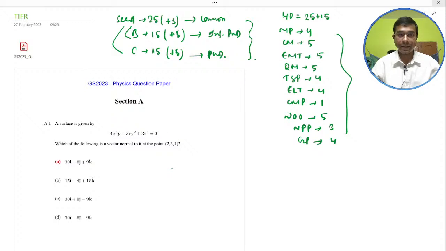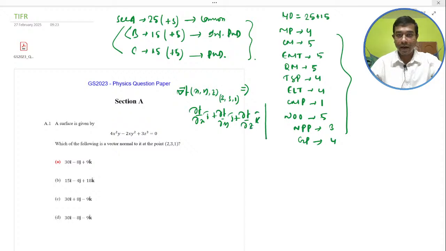So here it is given that grad of f at the point (2, 3, 1) is nothing but del f del x i plus del f del y j plus del f del z k at the point (2, 3, 1).